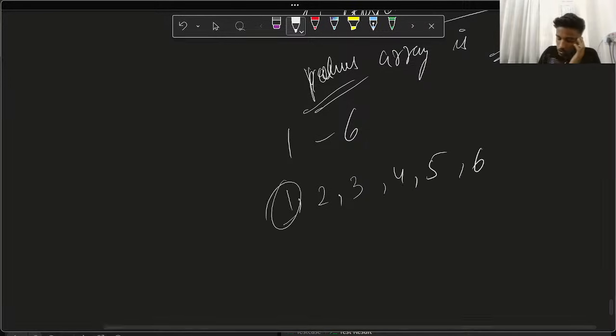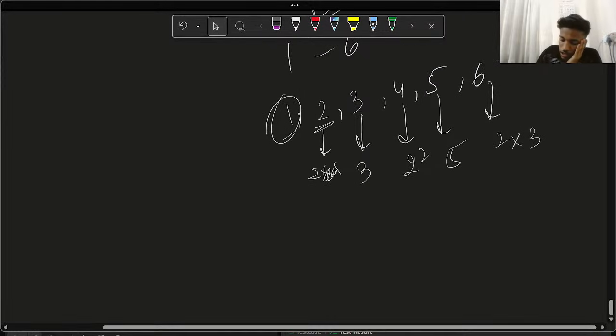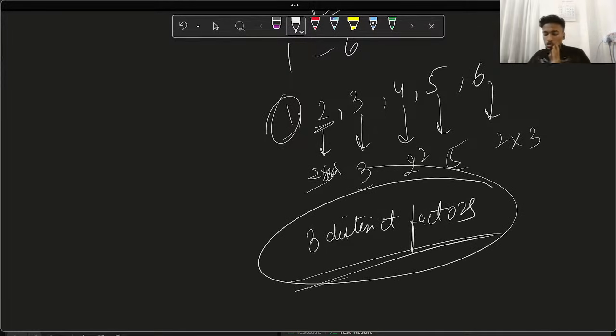One doesn't matter, but anyway, let's take it. See, 2 is 2 into 1, the prime factor is 2. The prime factor is 3. 4 has 2 power 2. It has 5. And 6 has 2 into 3. So how many distinct prime factors did you get? 2, 3, and 5. Okay. So 3 distinct factors are there.